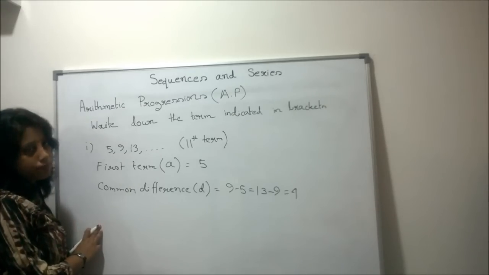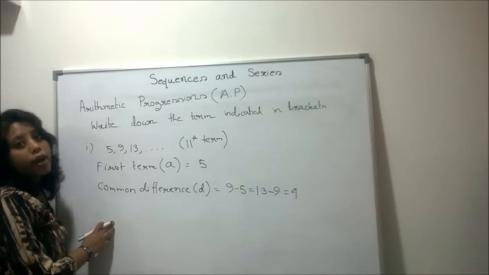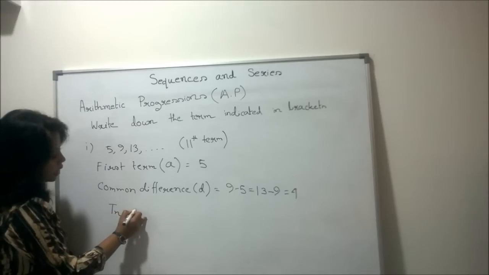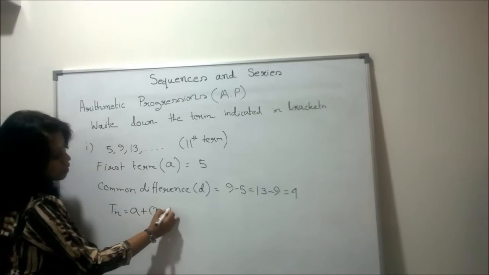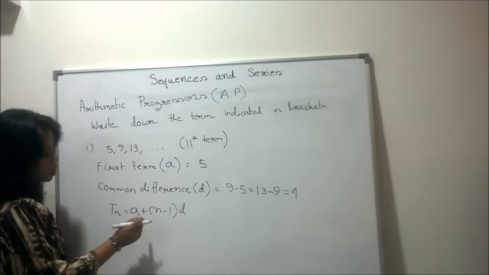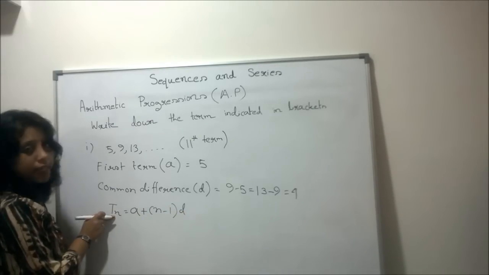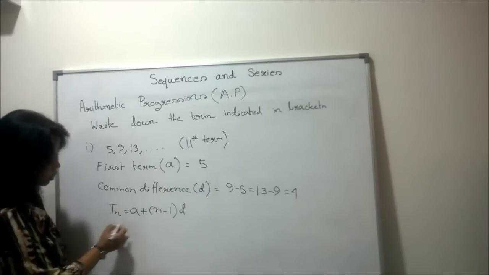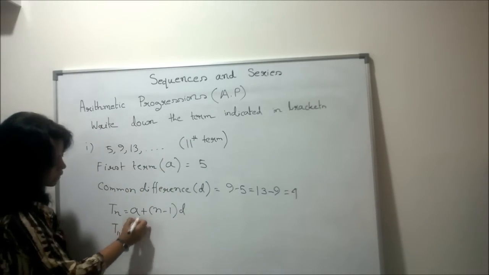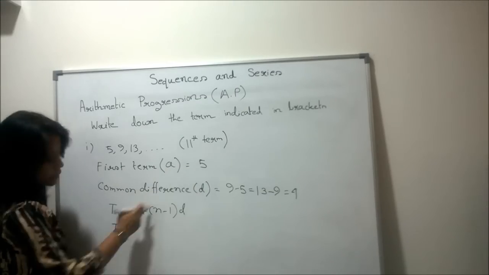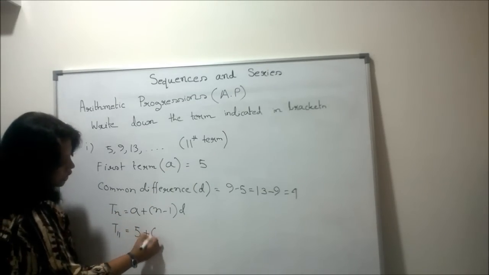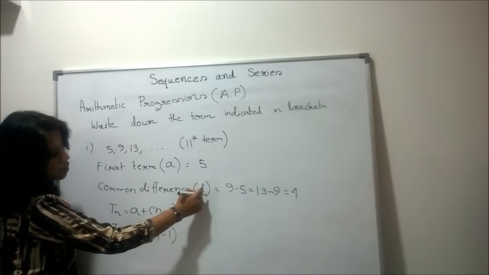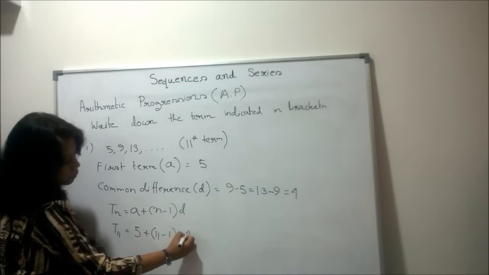We know the formula for the nth term: Tn is equal to a plus (n minus 1) d. In place of n, what is given? 11 terms. So T11 is, a is 5, in place of n, 11 minus 1, in place of d we write 4.